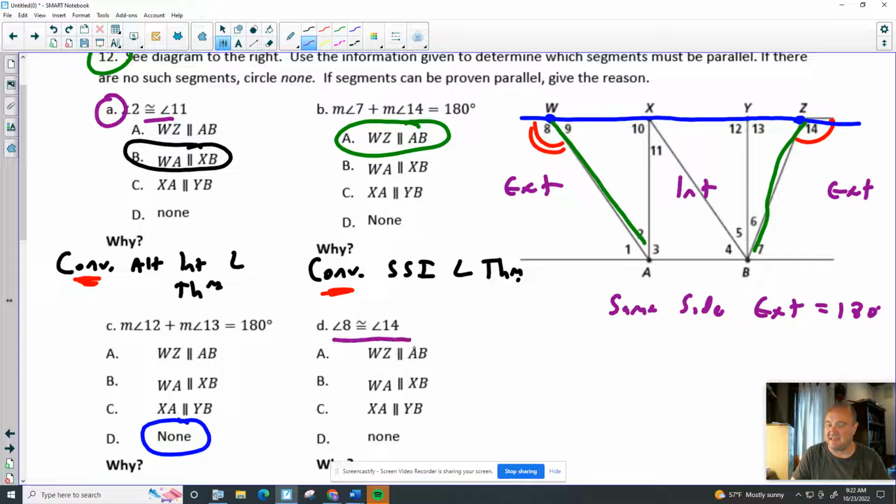Do these add up to 180? No, they're telling us that these are congruent. So that doesn't help us at all, right? In other words, it doesn't match one of the patterns. In order for things to be parallel, alternate interiors need to be congruent, not add up to 180. Same idea here. If these added up to 180, I might have parallel lines, or I would have parallel lines. But the fact that they're said congruent means the answer here is none.